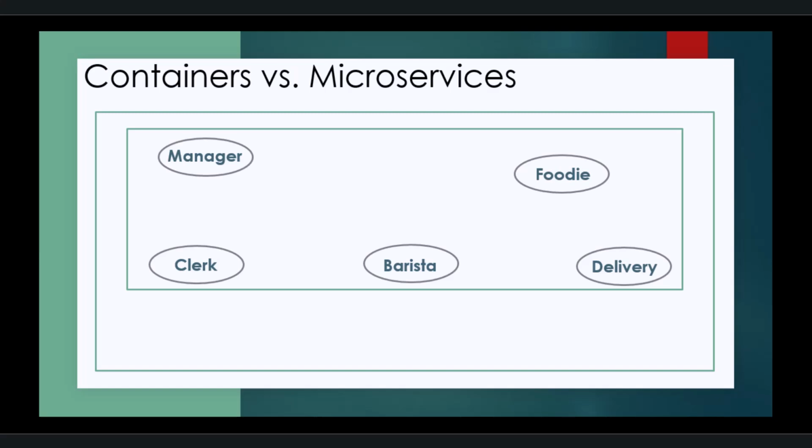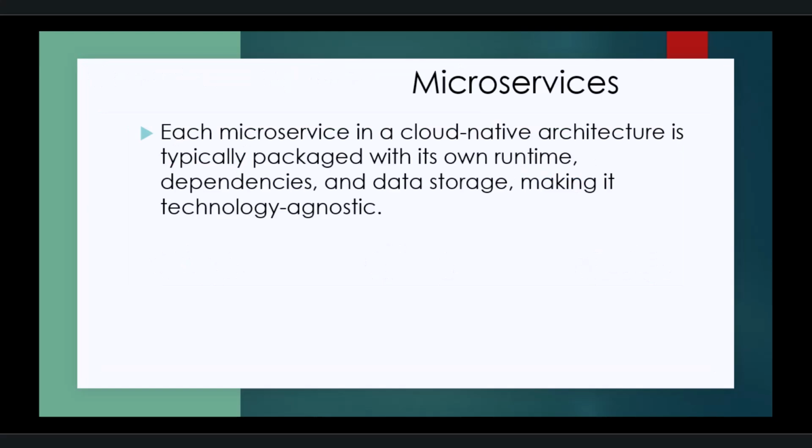Containers are often packaged with Docker, and then the long-term orchestration is done with something like Kubernetes or K8. So each microservice in a cloud-native architecture is typically packaged with its own runtime, dependencies, and data storage. And that's not unlike a container either, making it technology agnostic.